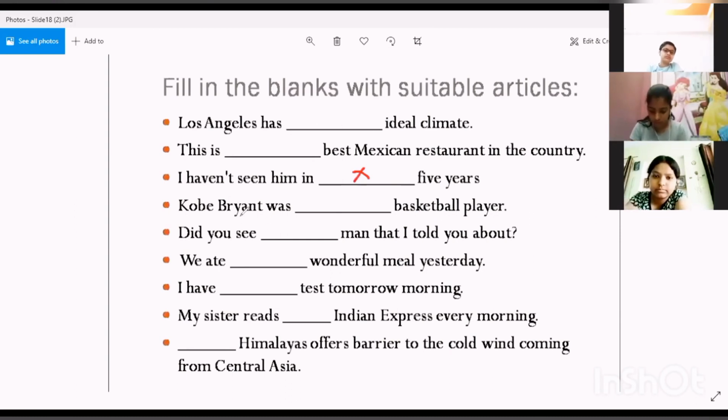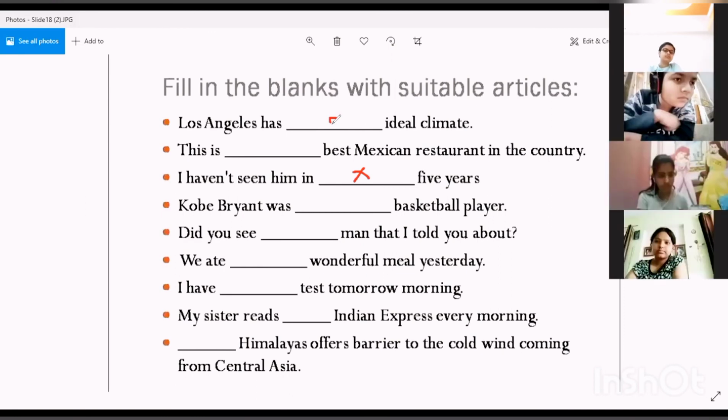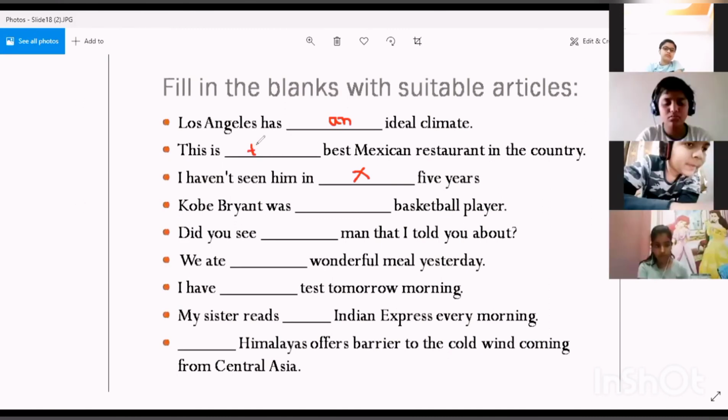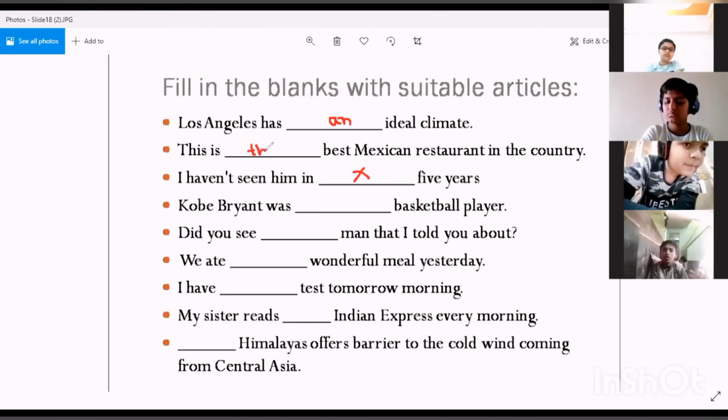All right. Next. Kobe Bryant was dash basketball player. Shubhanjali. Ma'am, no article. Sure. Manas, what is your answer? Ma'am, Kobe Bryant was a basketball player.